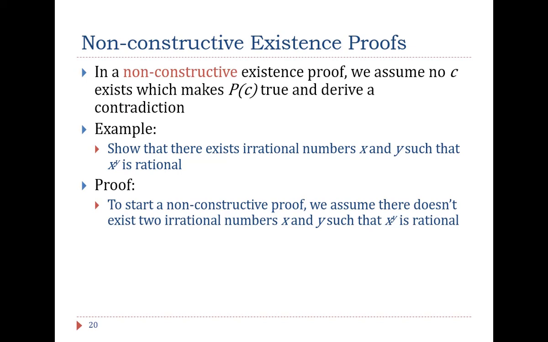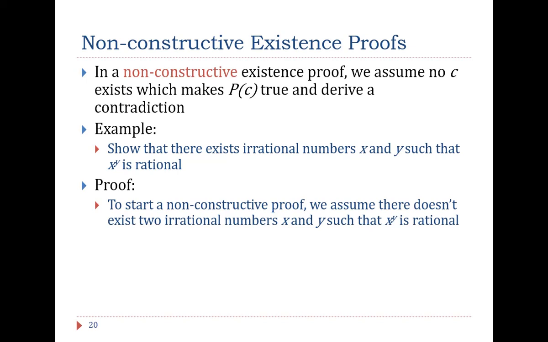This means that if you pick up any two irrational numbers, x to the power of y is irrational too. So now you have a nicer property that you can use to make a contradiction at the end.